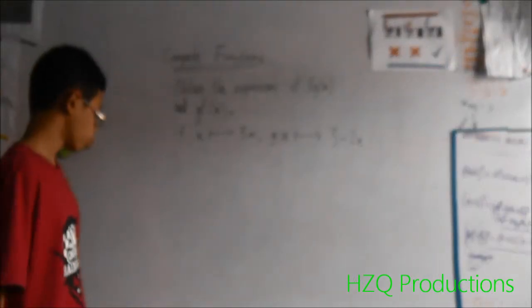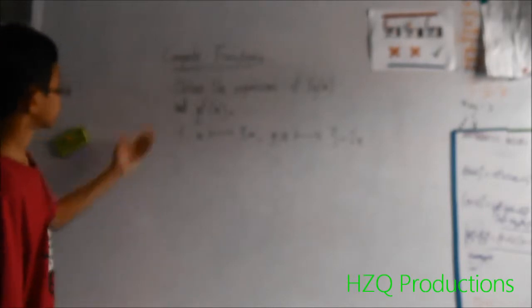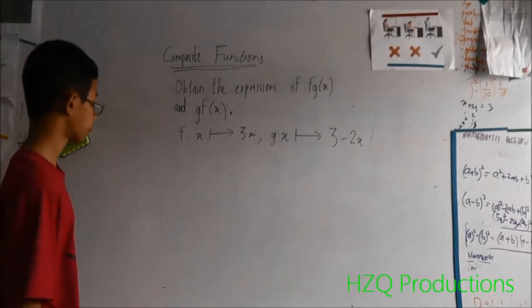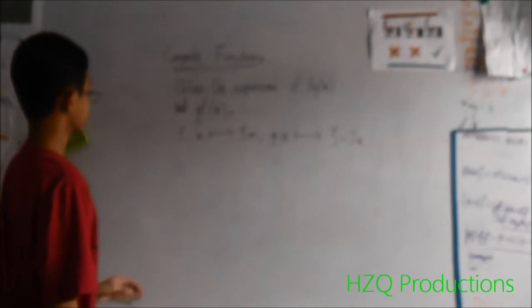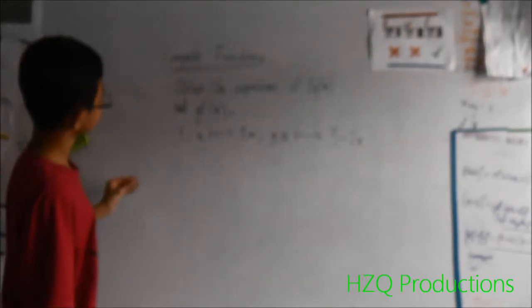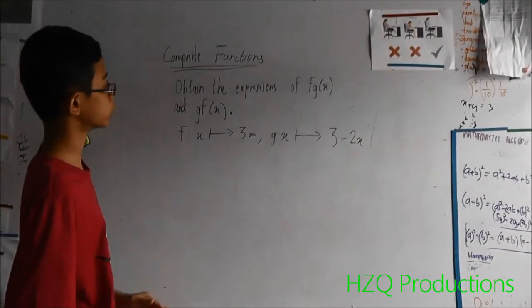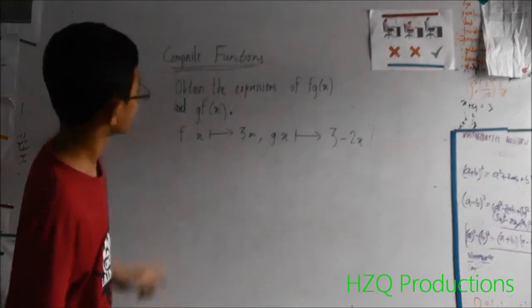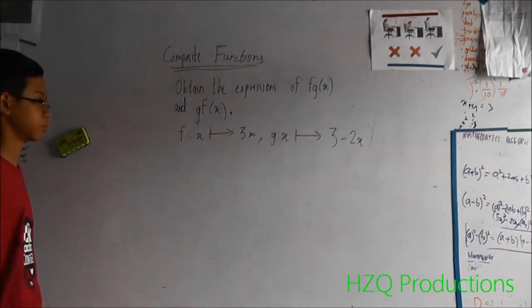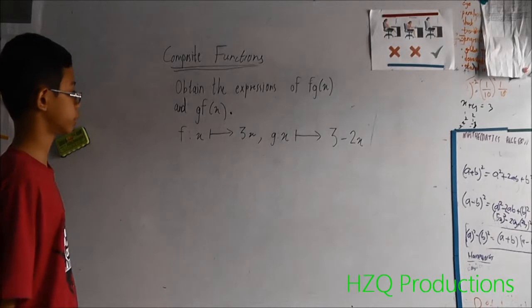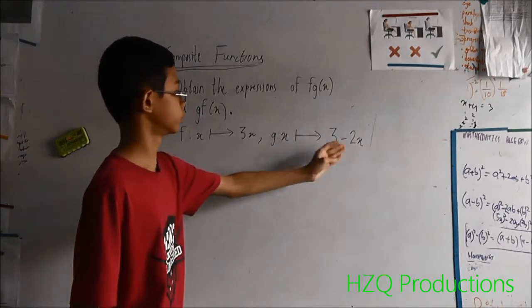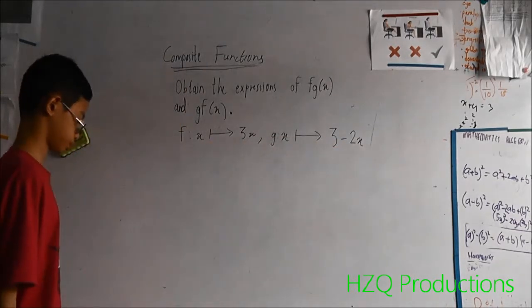So now we have another subtopic, composite functions. Okay, so we now have to obtain the expressions of fg(x) and gf(x). It can be a little bit complicated here. We also have this too.